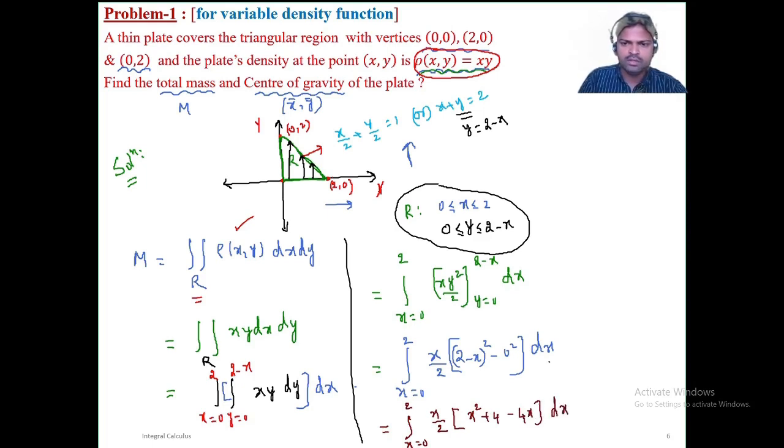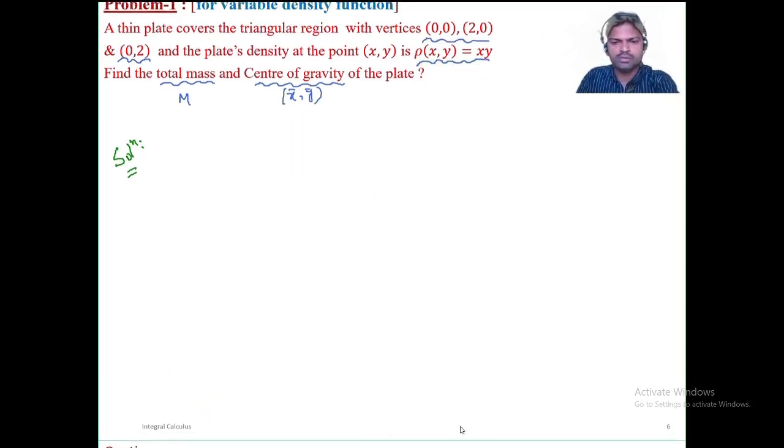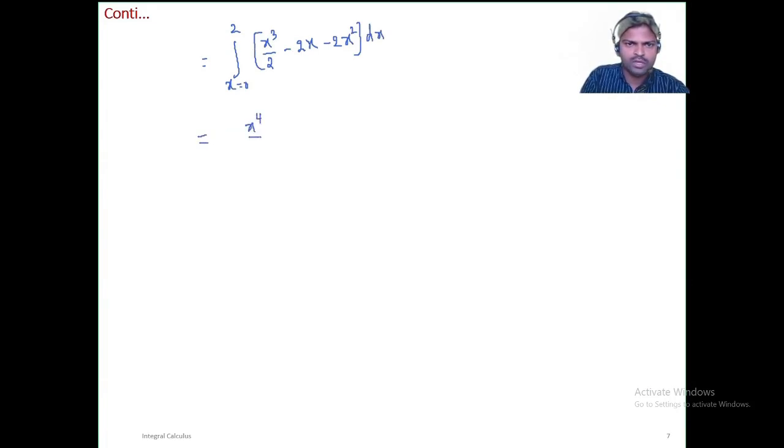Then this will be x by 2 into x square, x cube by 2, with x from 0 to 2. Then simplify: x cube upon 2, then x power 4 by 4 into 8 after evaluation, minus 2x square by 2, the 2 cancels out, minus 2x power 3 by 3, and the limits are 0 to 2.